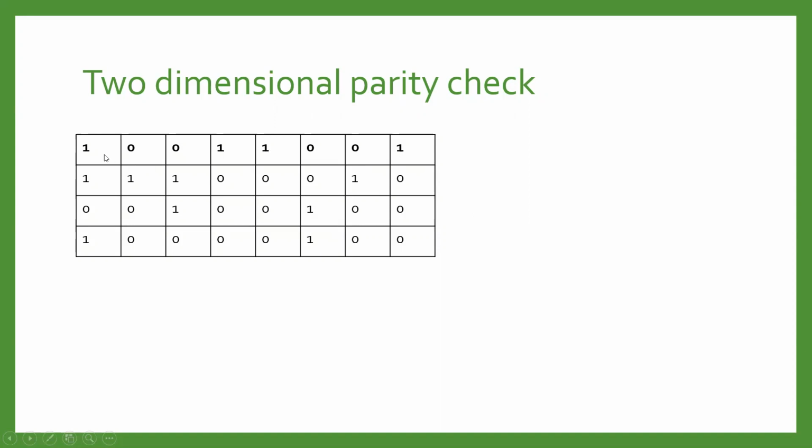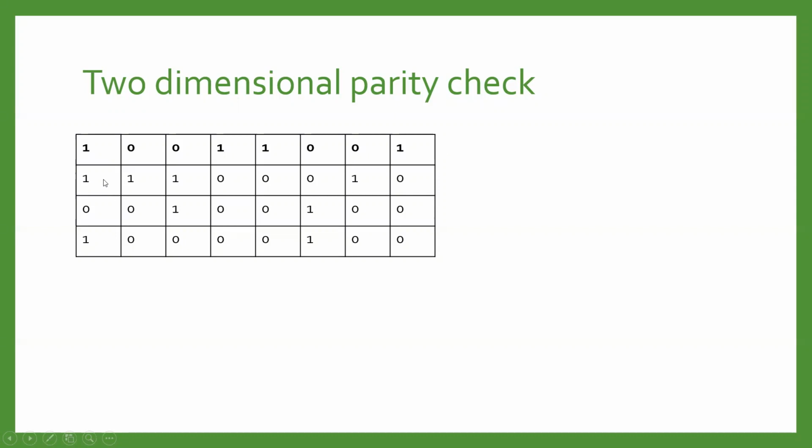Now for this particular first row, we have to calculate the parity bit, and the parity bit rule is that we have to check how many ones are available in this first row. So 1, 2, 3, 4, four ones are available, that is an even number of ones. If an even number of ones is present in the original data, we have to maintain it as even only, so the parity bit will be 0. We write 0 as the parity bit over here.